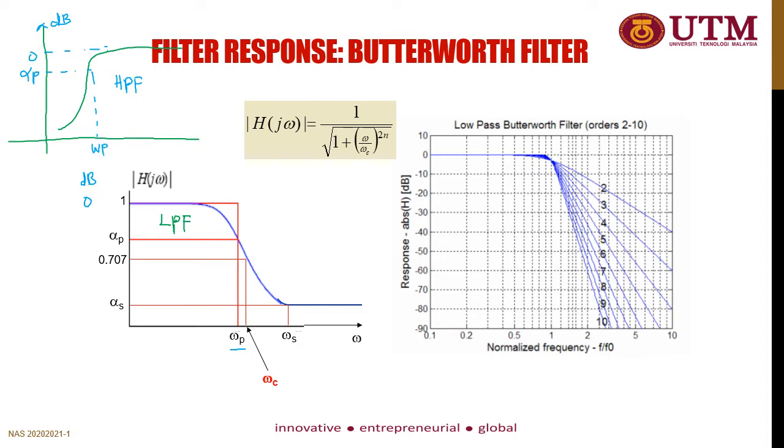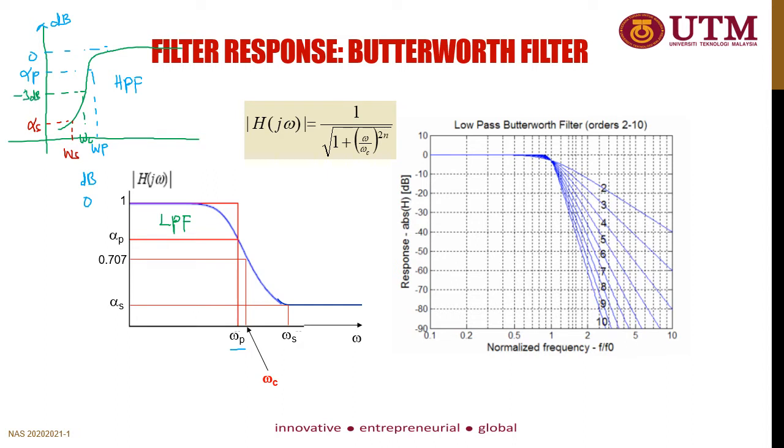And then for the high pass filter, omega s is the stop band frequency, and alpha s is the stop band gain, and then you have the cutoff frequency omega c at minus 3 dB. So here is omega c, and we can call it alpha c or negative 3 dB, for the cutoff area.